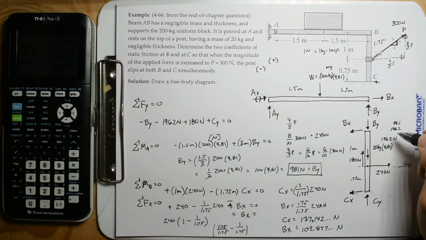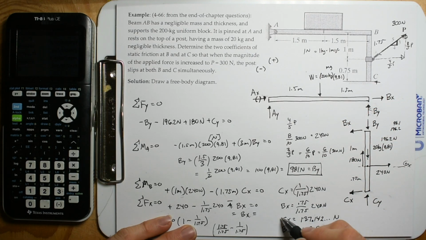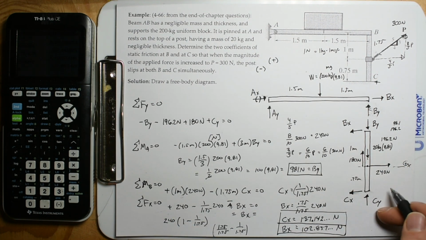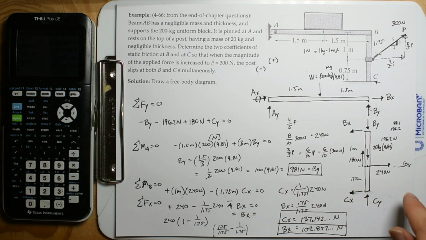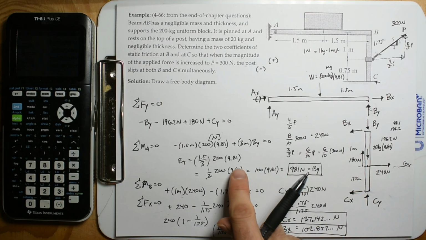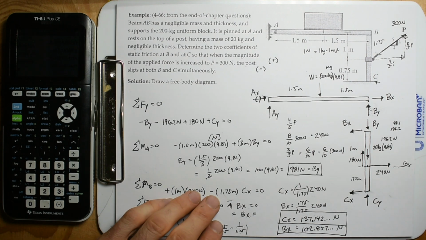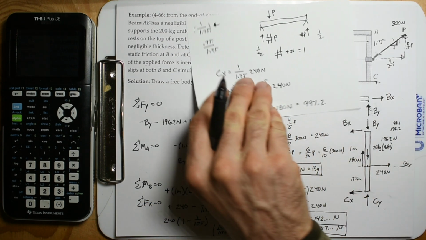So we know what Bx is. So here's Bx and Cx. We got those two. Here's By. And then Cy we solved for somewhere. Did we not solve for Cy? I'm sure we did. Oh, maybe we didn't solve for it yet. Oh no, we solved for it on a different card.